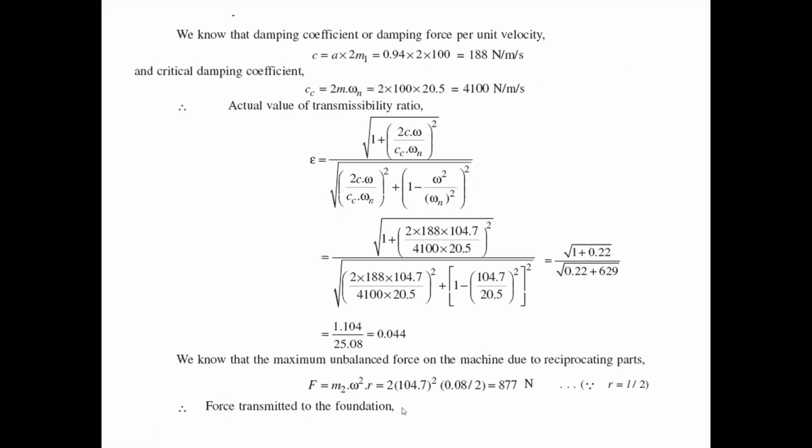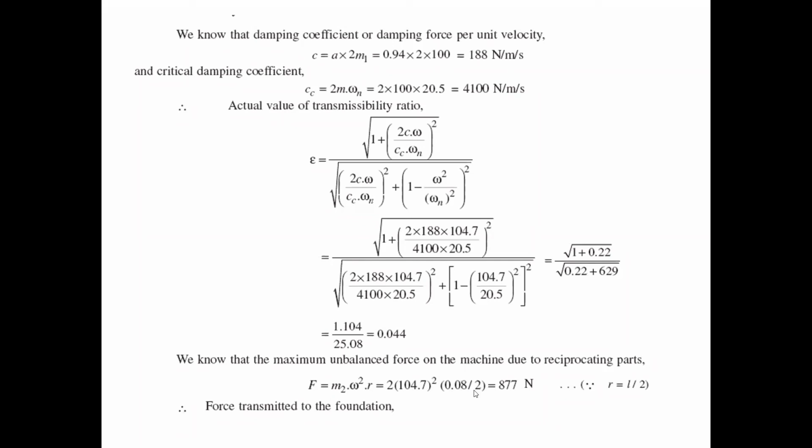To find the maximum unbalanced force on the machine, that is F equals m ω² r. Here m is 2 kg, ω is 104.7, and r is 0.08 by 2.